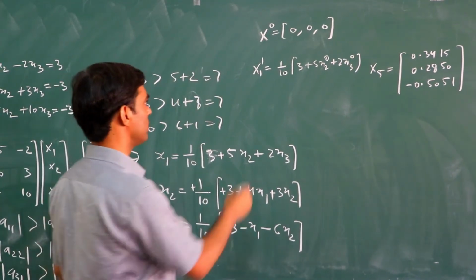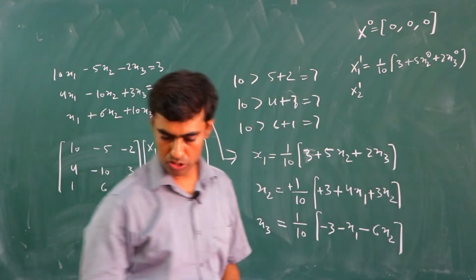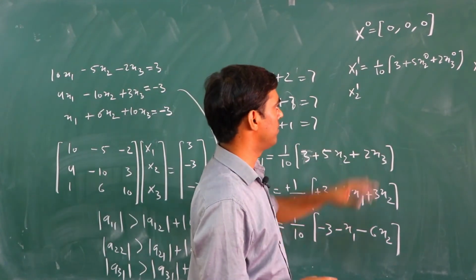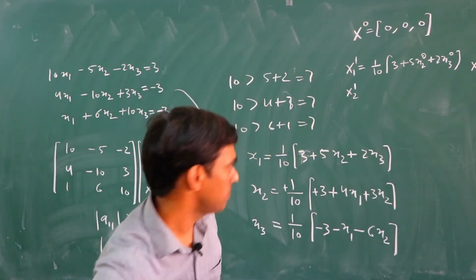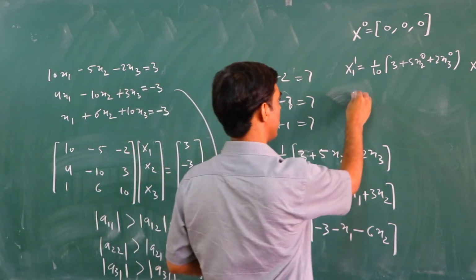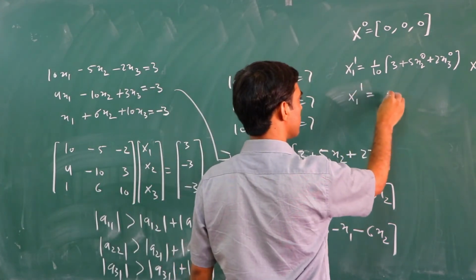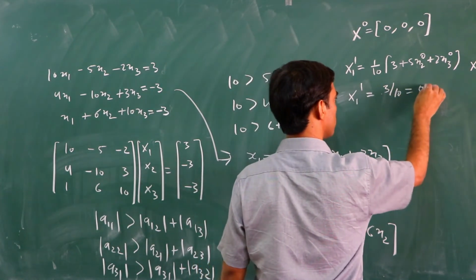And x2 1, if we simplify this, x1 1 becomes 3 by 10, which is 0.3.